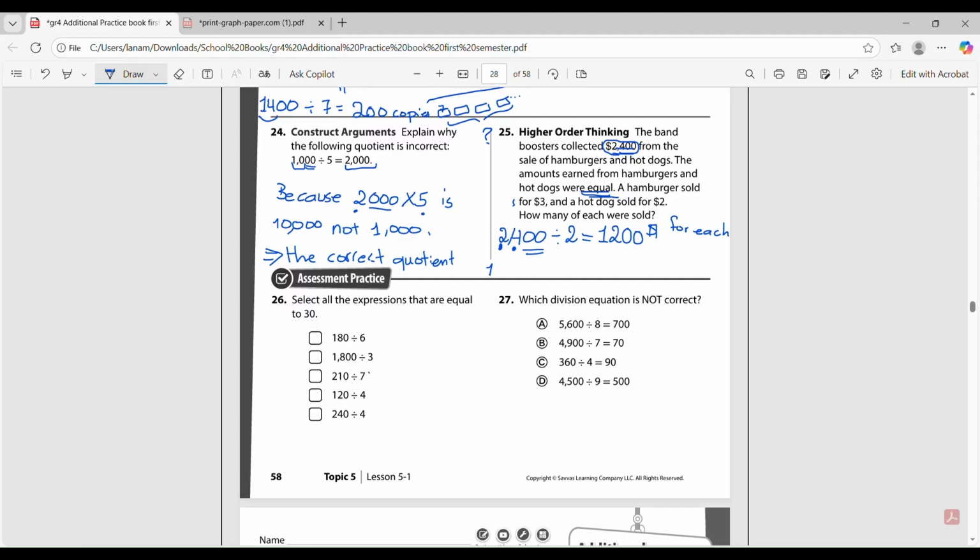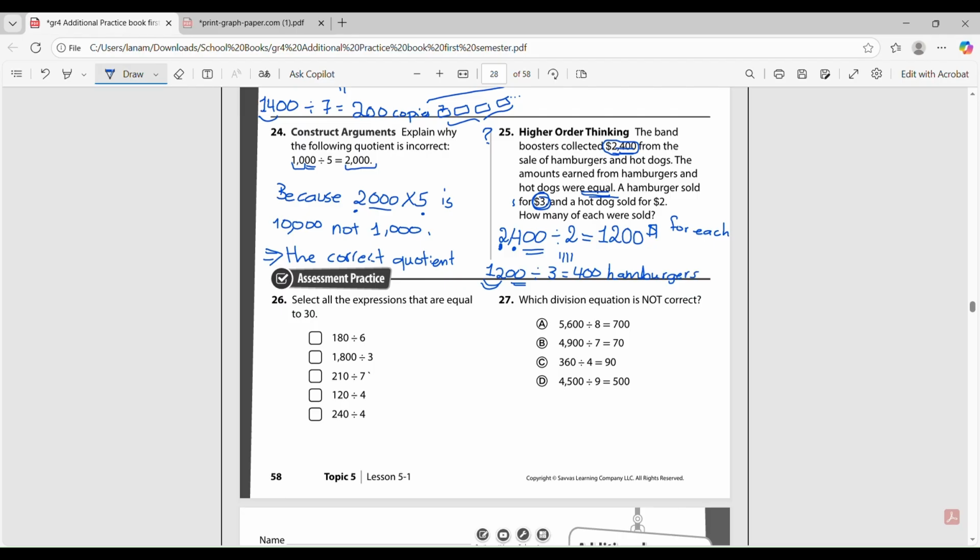So I'm gonna say 1,200 divided by 3, because each hamburger costs 3. So 1,200 divided by 3: 12 divided by 3 is 3, 6, 9, 12. So 4. And I still have 2 zeros. I'm going to put them here. So 400 hamburgers.